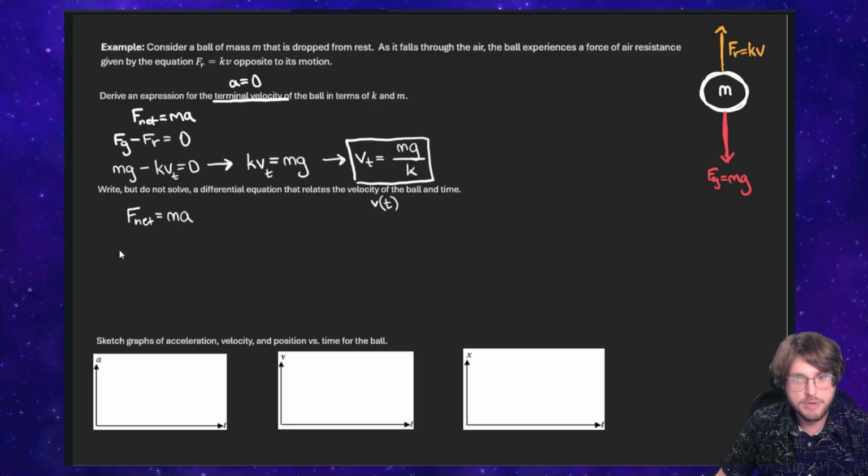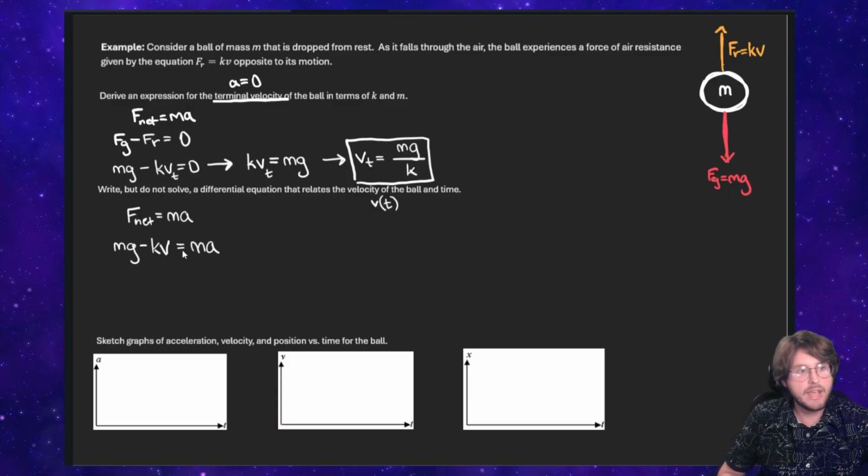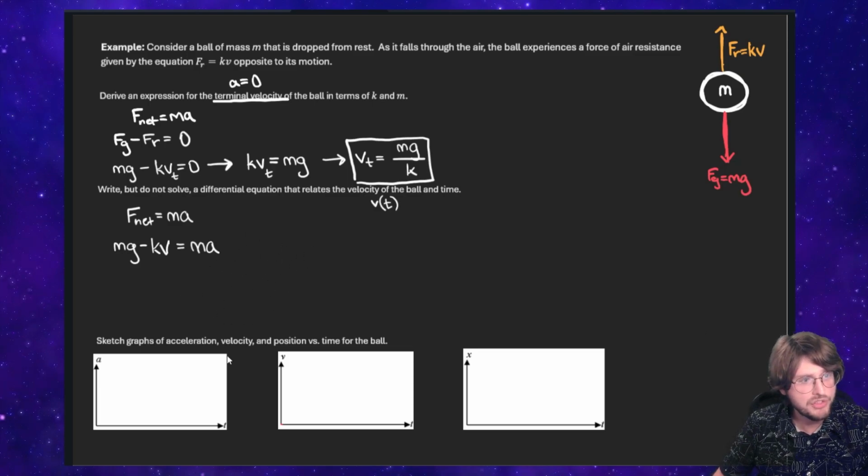So I'm going to skip a step here and just jump immediately to mg minus kv equals mass times acceleration. And in this case, just remember the velocity v here is changing with respect to time, so it is a function of time. And so we're almost done, believe it or not. The main thing here is that we note that this term right here, acceleration, is technically dependent on other factors in this problem. So one way that we can get around that is by expressing it in terms of velocity.